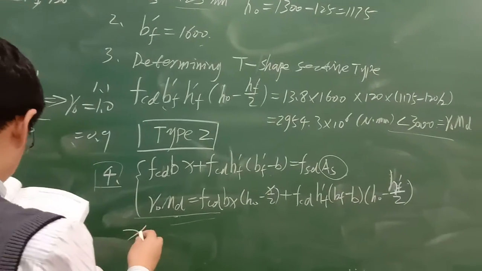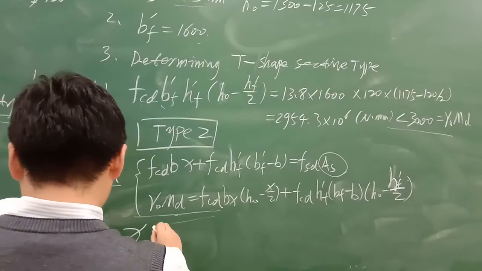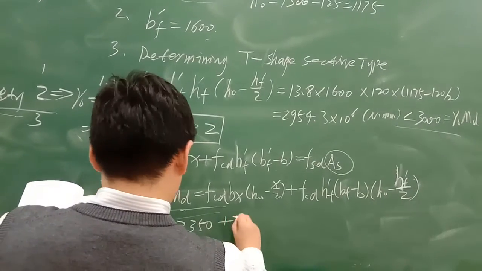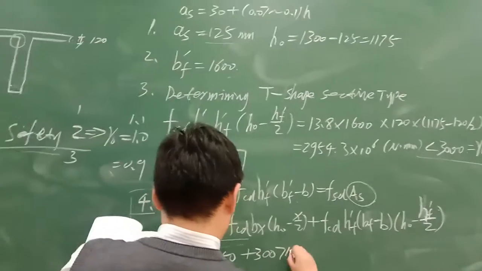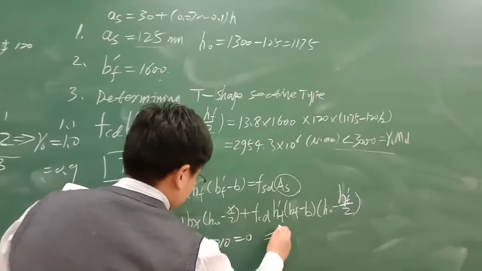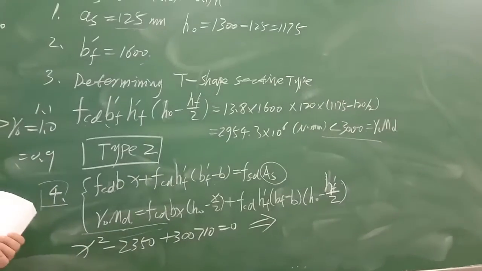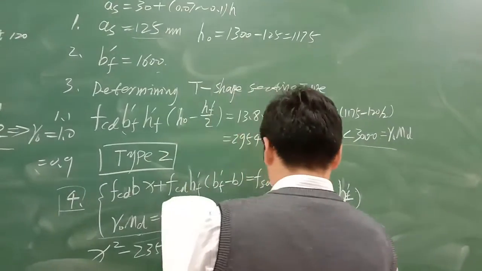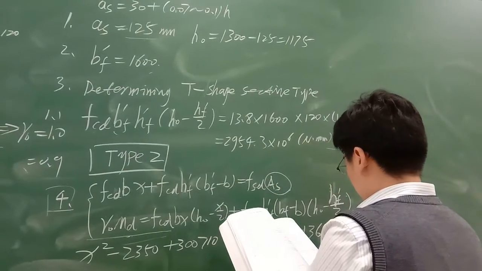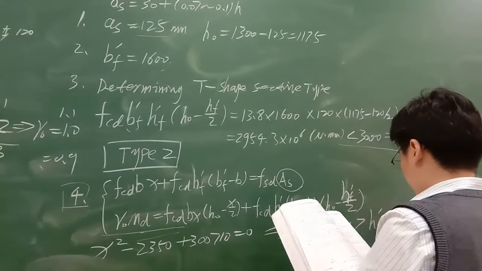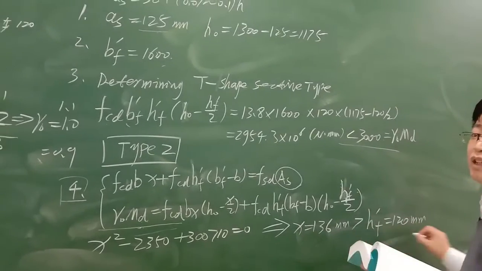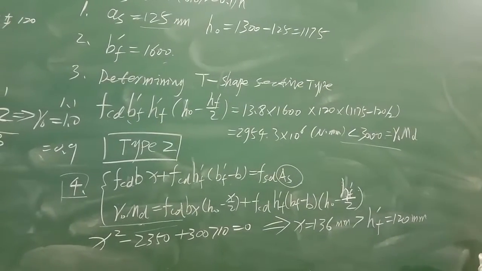The equation is x squared minus 2350x plus 300479 equals 0. Finally, you can find x equals 136 millimeters, which is larger than HF.